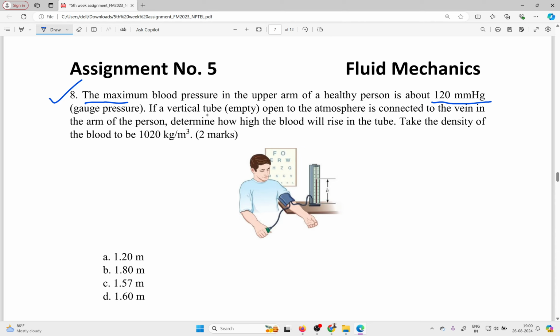If a vertical tube open to atmosphere is connected to the vein in the arm of a person, determine how high the blood will rise in the tube. Take the density of the blood to be 1020 kg per meter cube. So this is the question. You can solve this question.